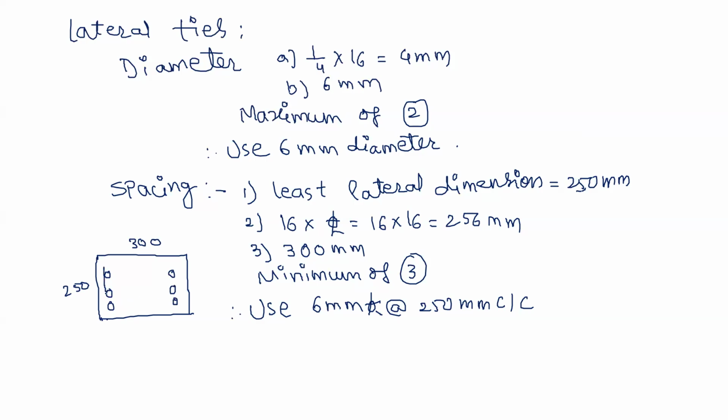And then we have lateral ties. So likewise, we have to design this. So we have 6 mm Tor at 250 mm center to center. And these are 6 bars of 16 Tor.